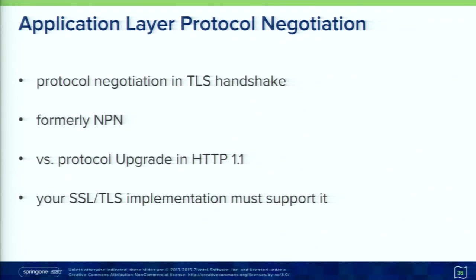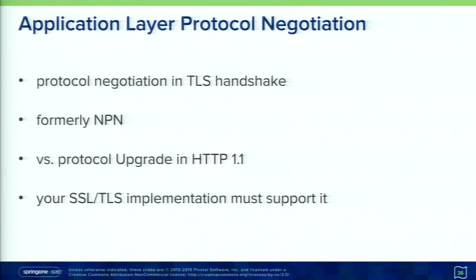It's basically adding new metadata in the TLS handshake, and that way the server and the client can negotiate which protocol they can talk together. Formerly it was NPN, when Google was trying to do new things with SPDY. But with HTTP2, it's ALPN. That mechanism is standardized, there's a spec, and it's supported in many places. We'll see where.